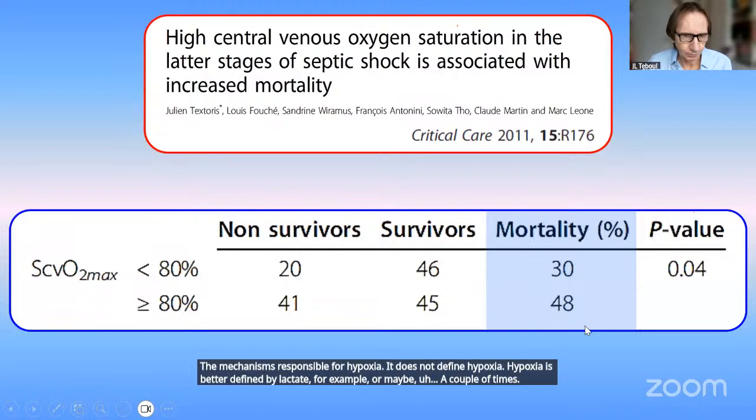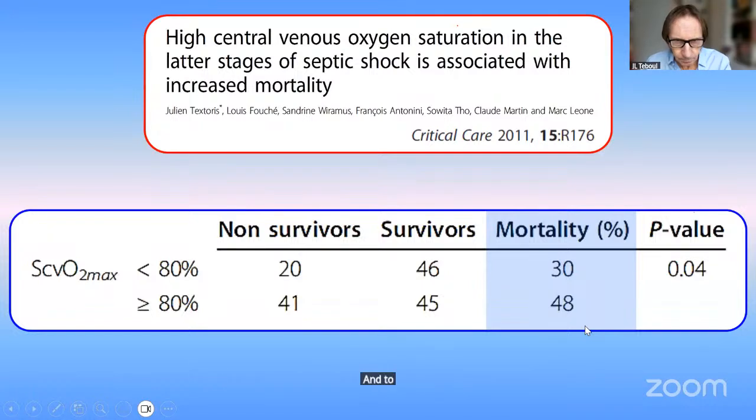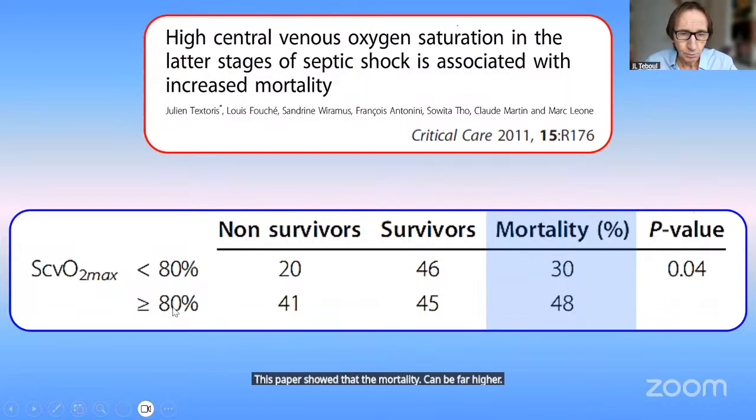To emphasize the importance of high SVO2, this paper showed that the mortality can be far higher with high SVO2 compared with SVO2 less than 80%.